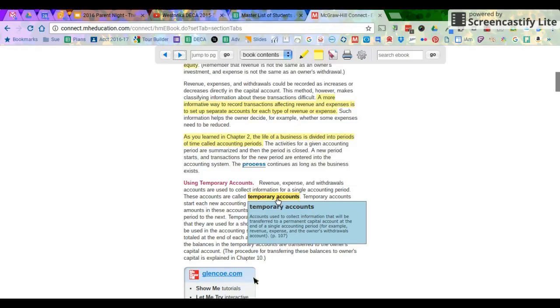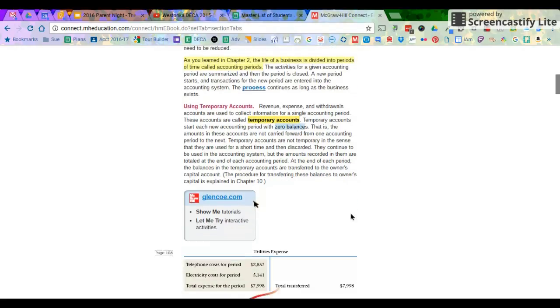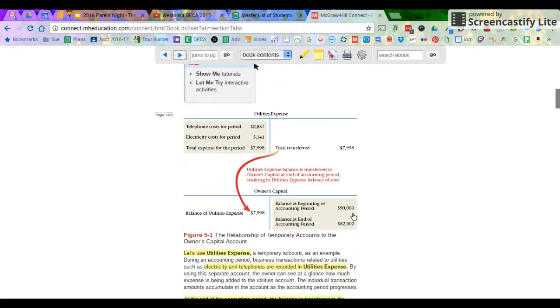Why are we doing this? It's just easier to see what we had in revenue and what we had in expense instead of lumping it all into owner's equity. At the end of the month, we're going to zero balance, so we're going to transfer it. That's part of the definition of a temporary account: it starts each new accounting period with a zero balance. And they have some T accounts here.